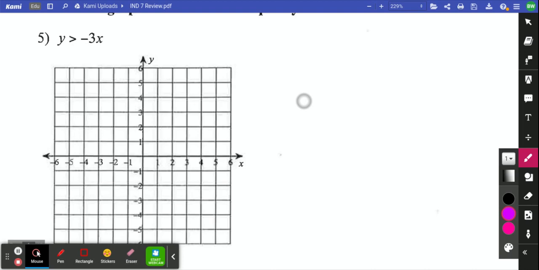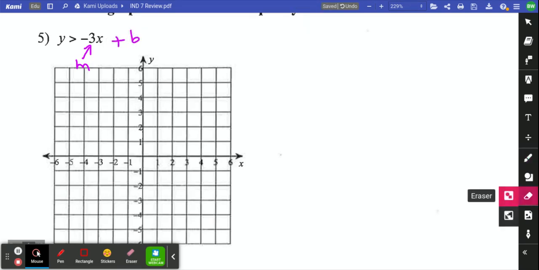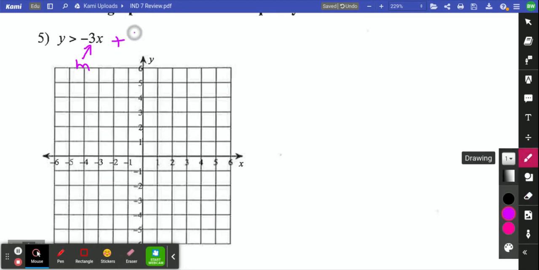So we make the boundary line. We see this is in slope-intercept form because we have mx, that's our m, and we could write plus 0, right? We don't have to, but I'll go ahead and write it. And whether you write it down or not, 0 is your y-intercept in this one.